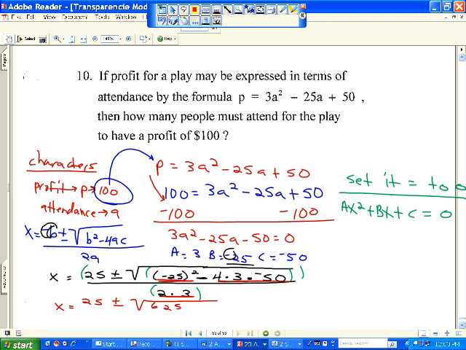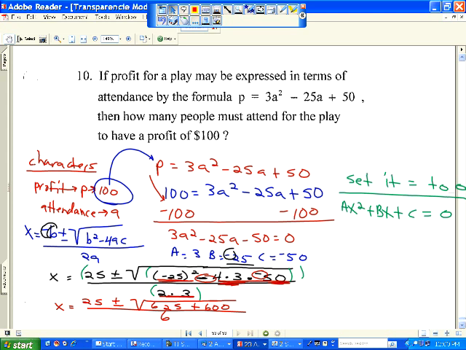You're going to have 4 times 3 is 12, times 50 is 600. You're multiplying with an even number of negatives, so the answer is a positive 600. Did we get that? You've got to watch those sign rules, they'll get you. All over my 2 times 3, which was 6.